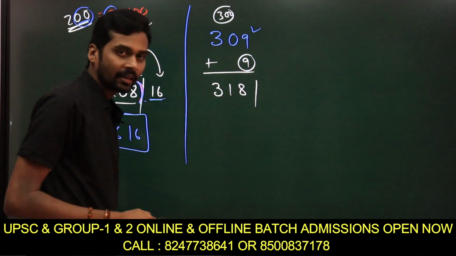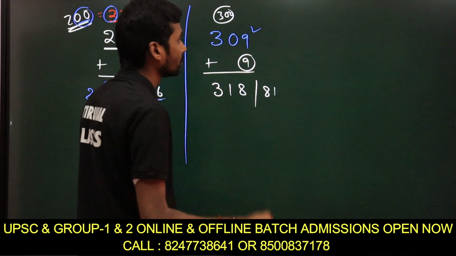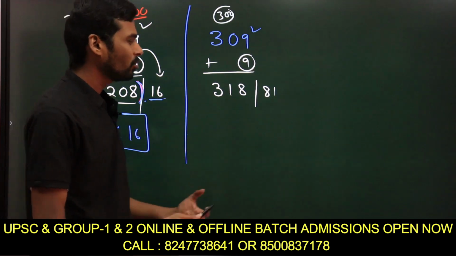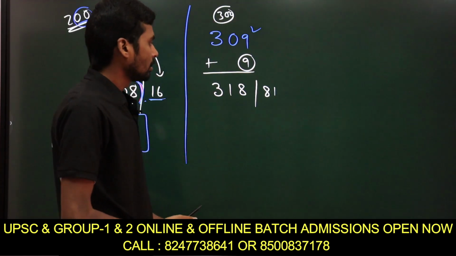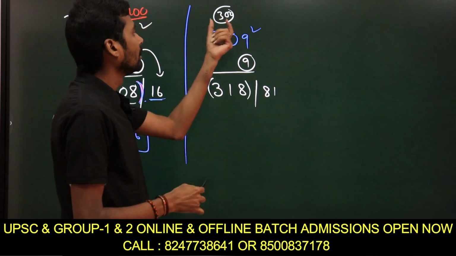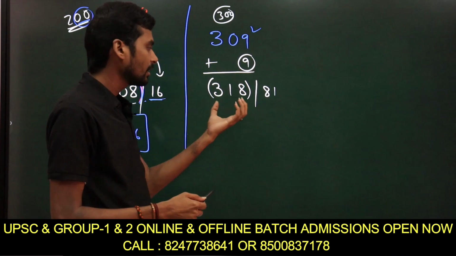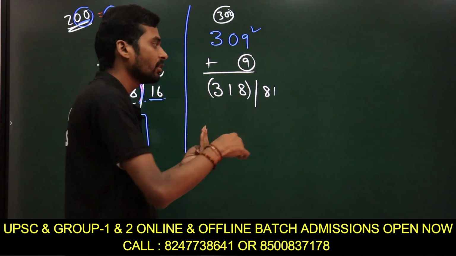Now which number are we carrying here? 9. Simply square this number. 9 square is what? 81. And 300 is the base value, right? So now I have to multiply the left side part only.